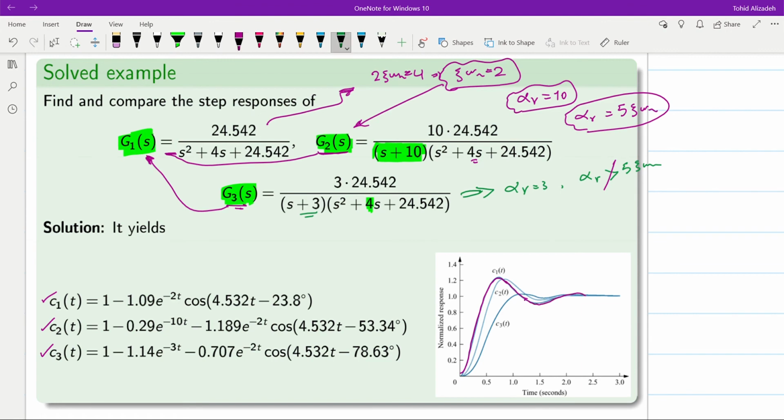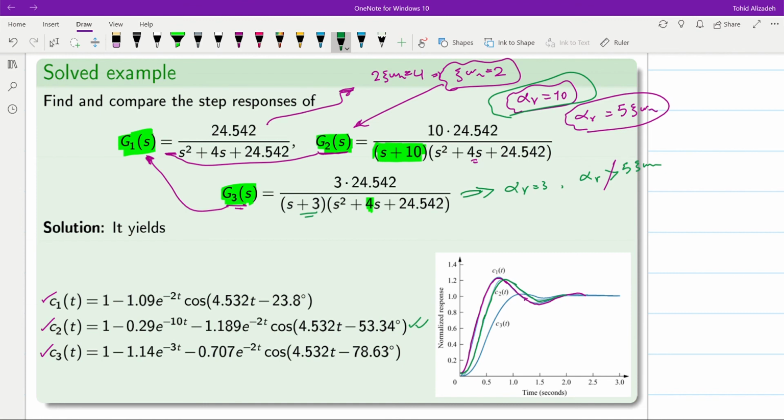Then C2 is when we have the same system with an additional pole at -10. You can see the time domain expression over here, and then the response is also drawn here.